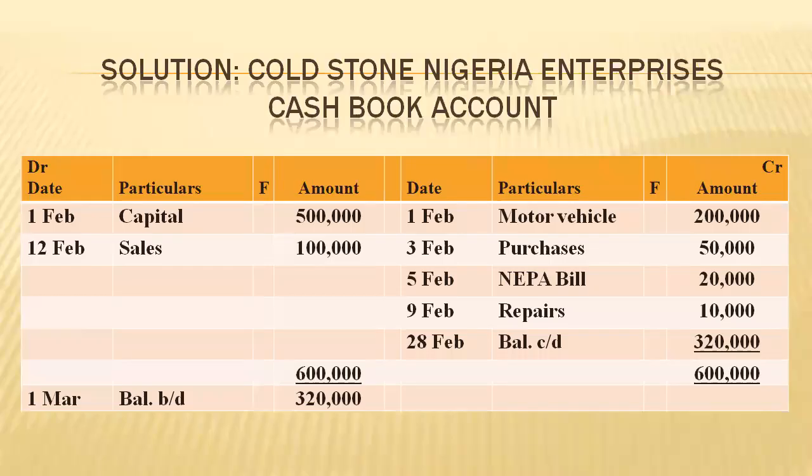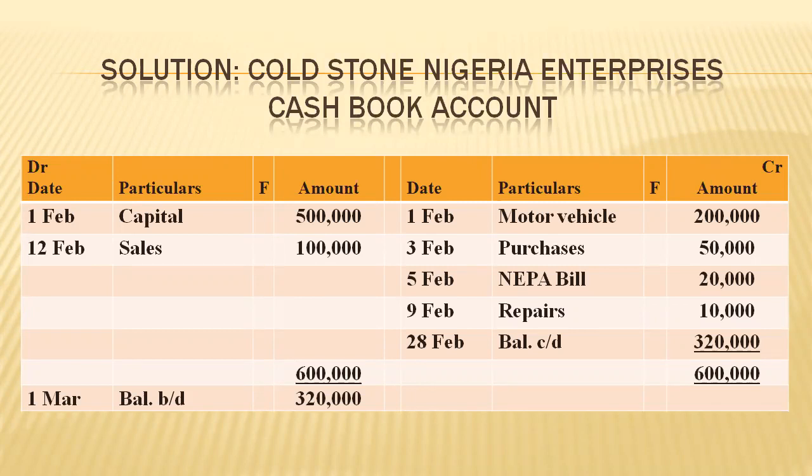So you can see from our examples all the transactions that we have put there. You have the capital accounts, you have the sales. All these transactions were made by cash.